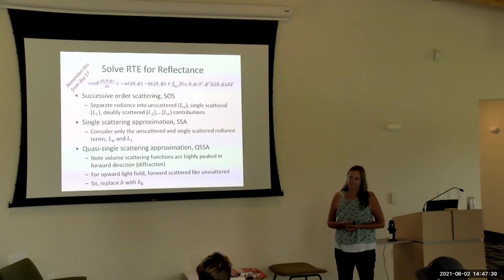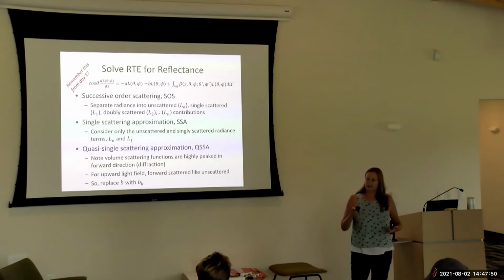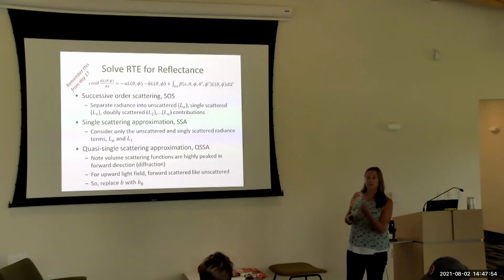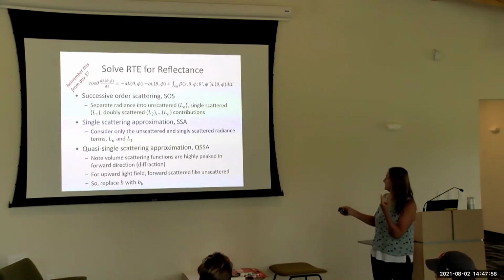So when you use forward scattering, you get an over-approximation. What you're missing is multiply scattered light. That's the first step.